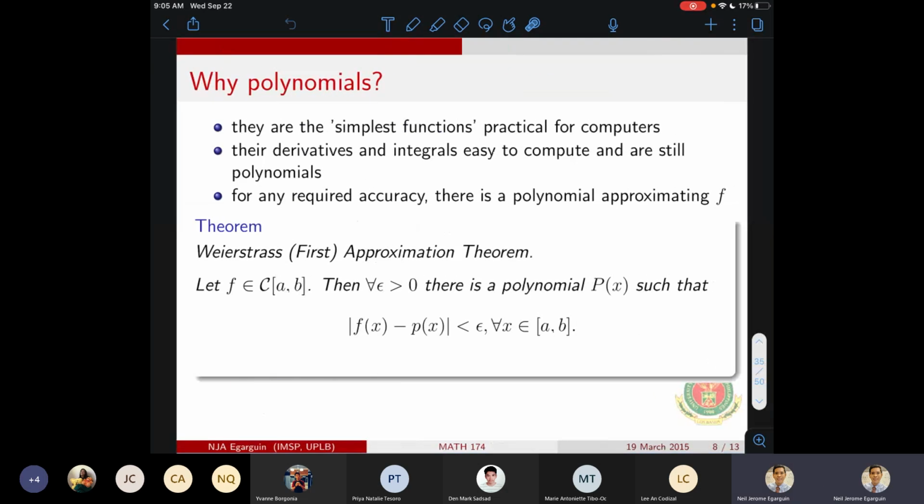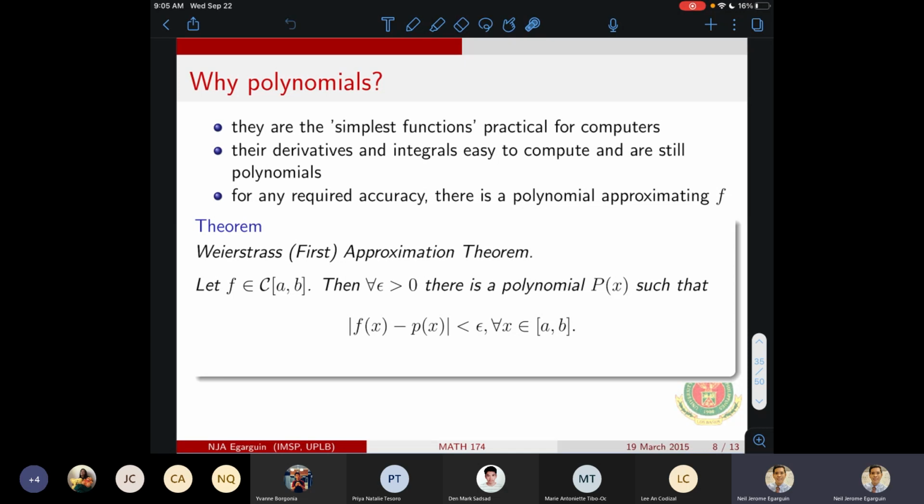So it tells us that for every continuous function f over the interval [a, b], you can choose any epsilon greater than 0, however small. You can always find a polynomial P such that the absolute difference between your function f and the polynomial P is less than epsilon for all x's between a and b. So remember sa math, pag sinabi natin epsilon, napakaliit na number na yan.